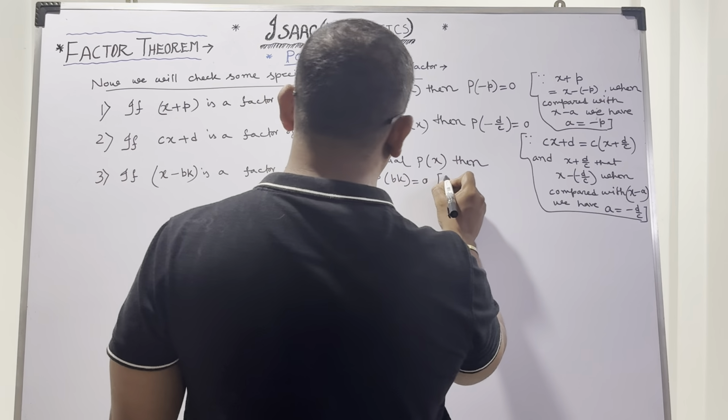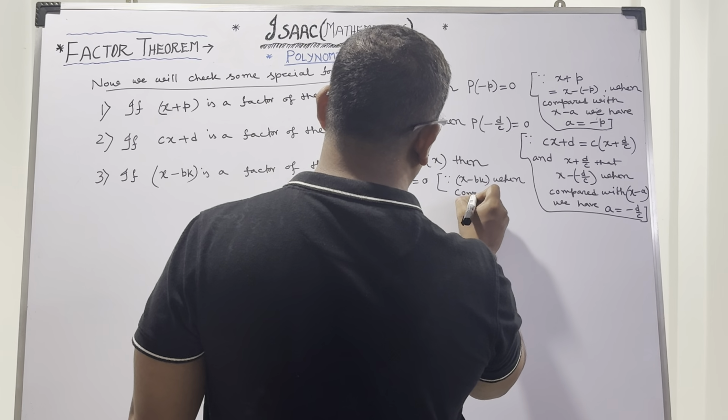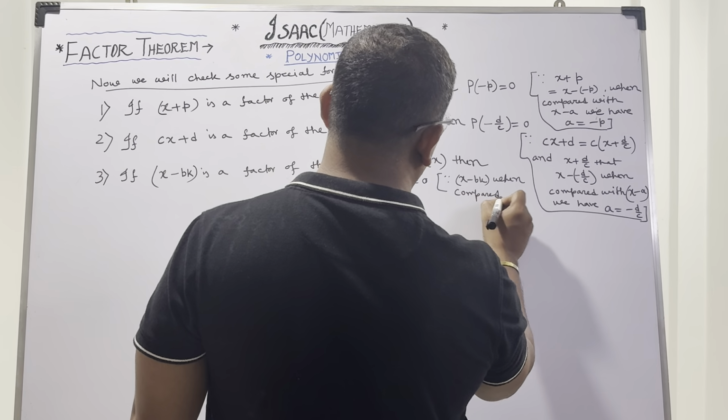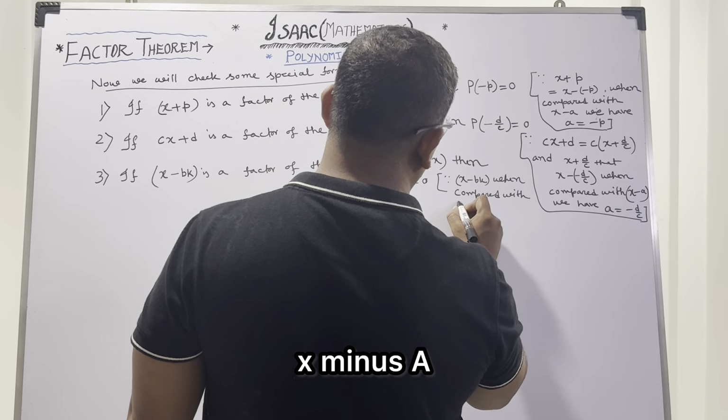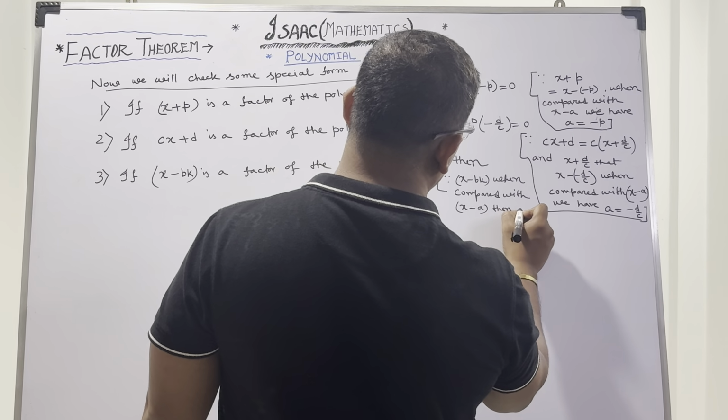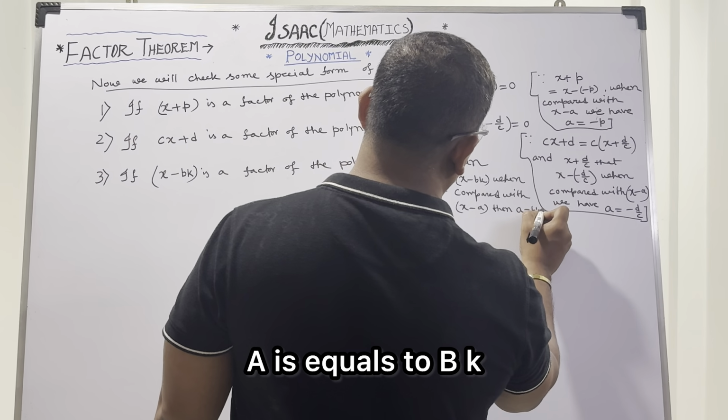Since x minus bk when compared with x minus a, then a is equal to bk.